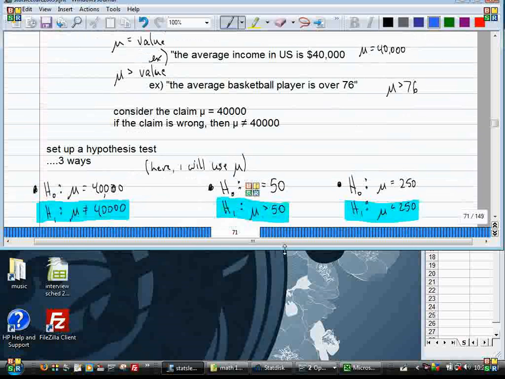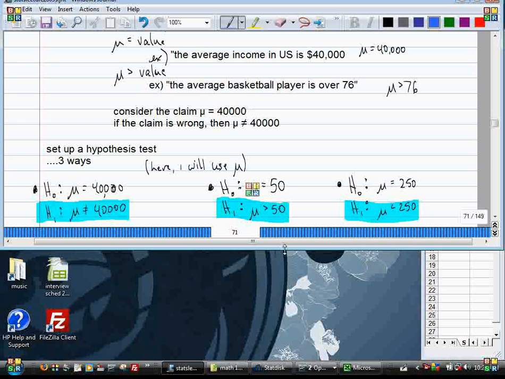Now I wrote down H0 and H1. What do you think H stands for? Hypothesis. That's it. The 0 and 1 are just so we know which is which. We're going to keep coming back to this. We're going to talk about this for quite some time in this class.